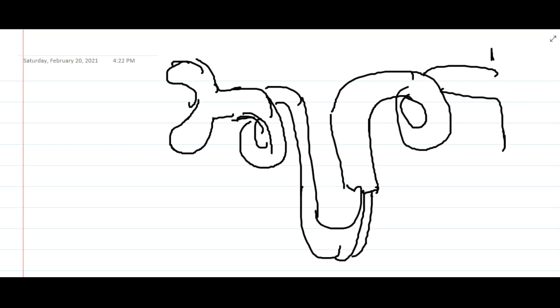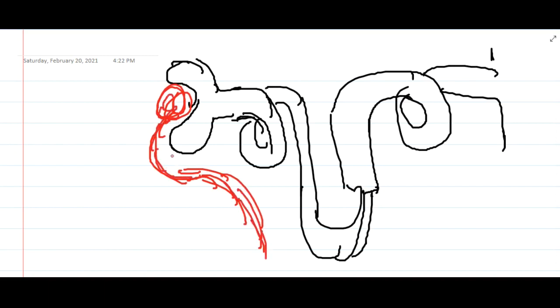So we have the glomerulus and this is the arteriole. Now this mannitol is present in the blood. Once you give IV mannitol, it reaches the kidney in the blood vessels.